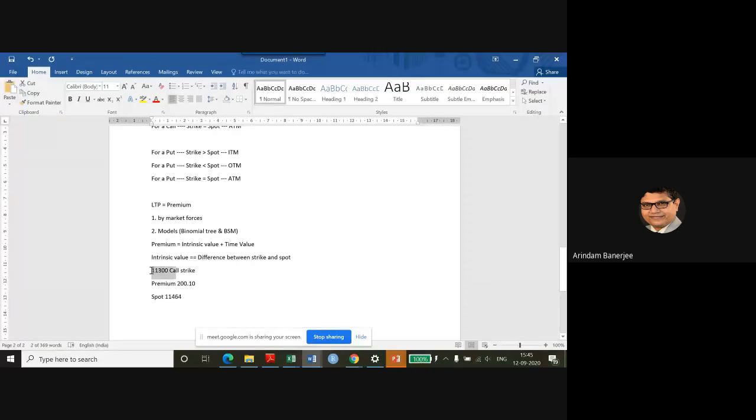So this call, is it ITM or OTM? This call is an ITM call, in the money call. So my intrinsic value is 164, the difference between spot and strike. 11,464 minus 11,300, it is 164.